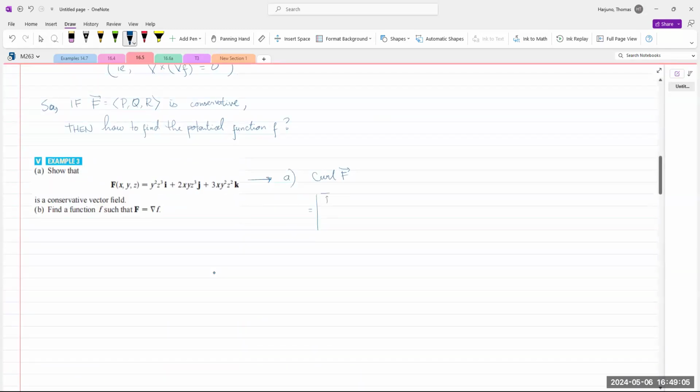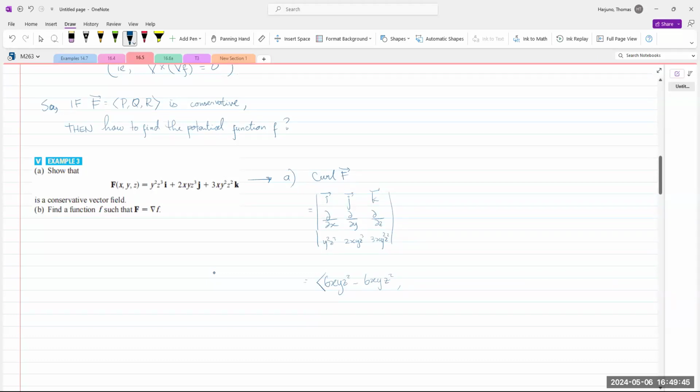So that's the determinant with i, j, k, dou x, dou y, dou z of y squared z cubed, 2xyz cubed, 3xy squared z squared. That is equal to the first component, which will be 6xyz squared minus 6xyz squared.